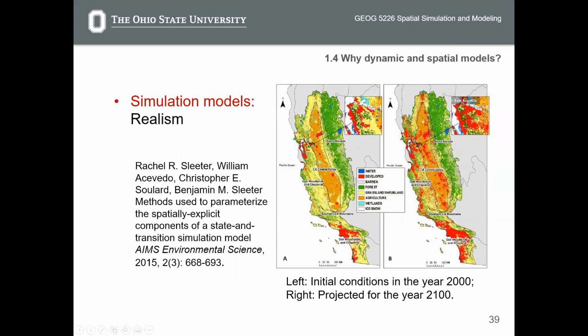On the left side, in the central part of this area, this dark yellow area is agriculture in 2000. And according to this model, in the next 100 years, a dramatic part of this area will change to developed.